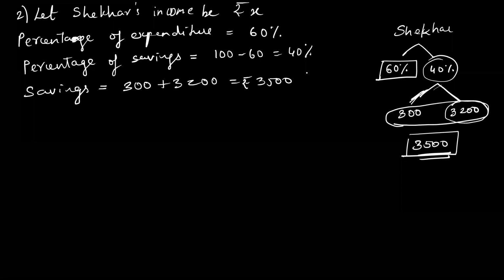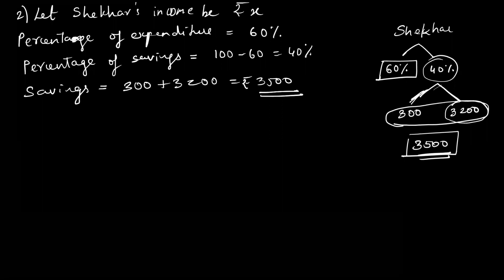Now tell me this 3,500, is it 60% of X or is it 40% of X? 60% of it? That 60% is the expenditure. Sorry, 40% of it, this is the saving.